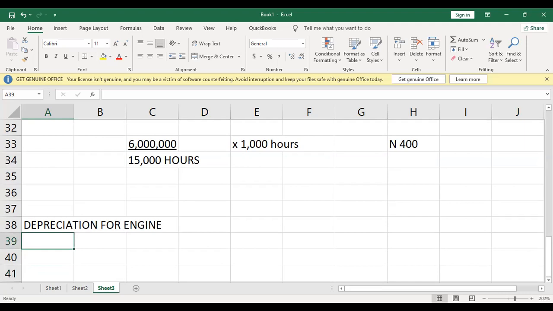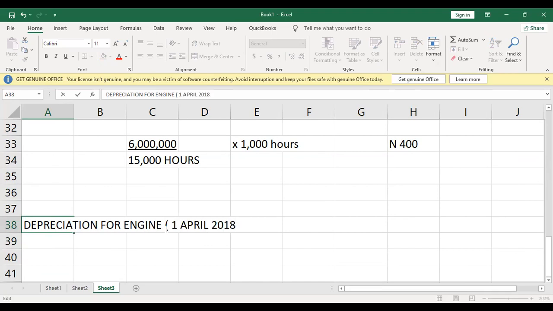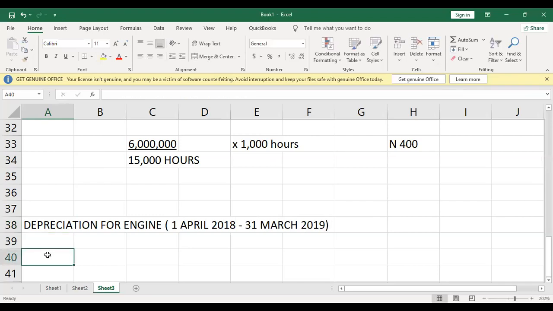So this year is from 1st April 2018 to 31st March 2019.